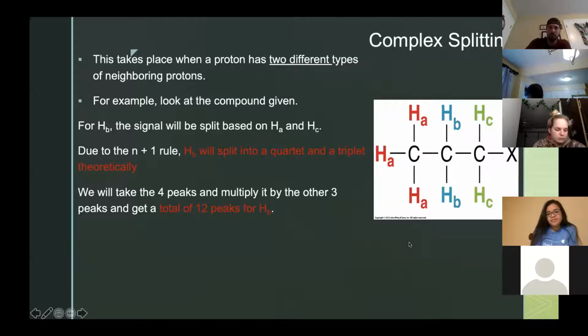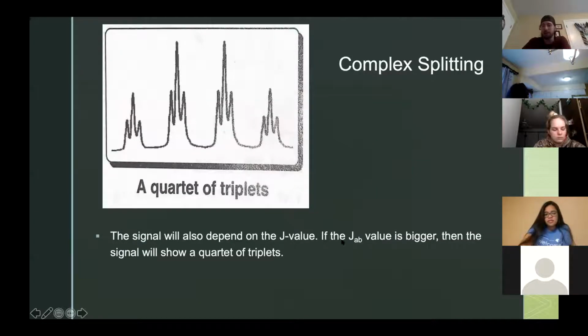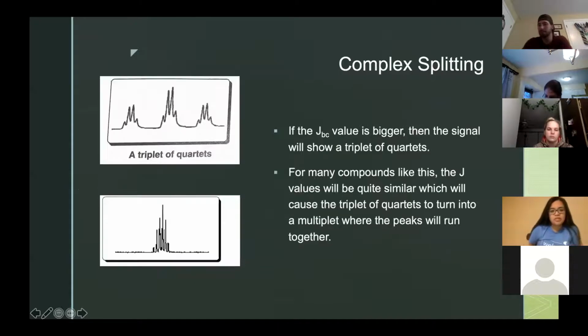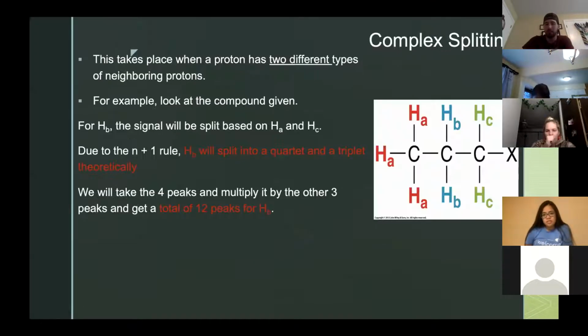So when we're looking at the J values, especially for this compound here, the J value of AB is the splitting due to HA on HB. And then the BC value is for HC affecting HB.